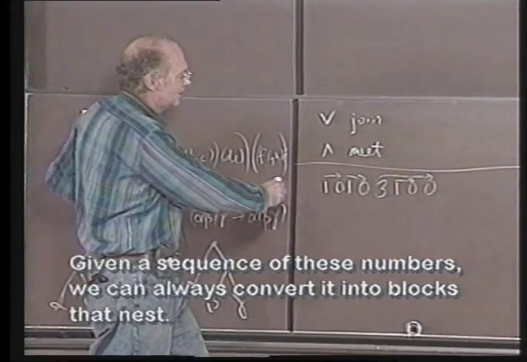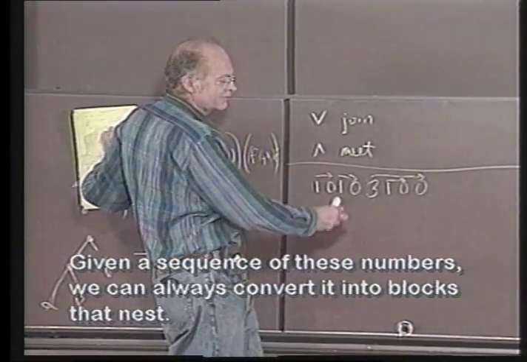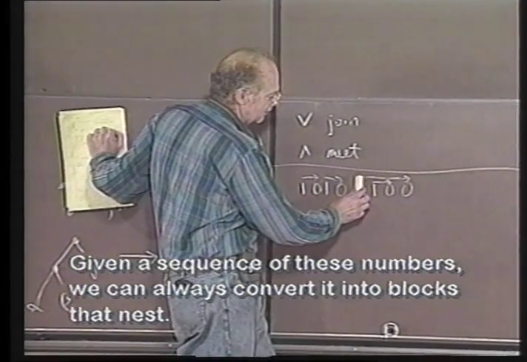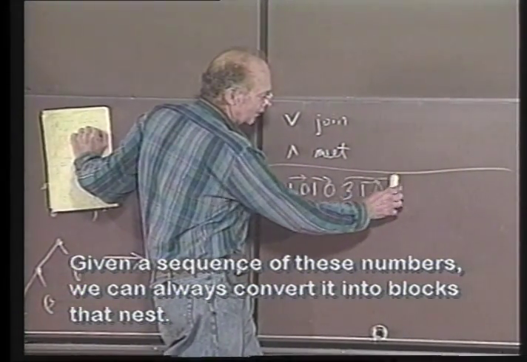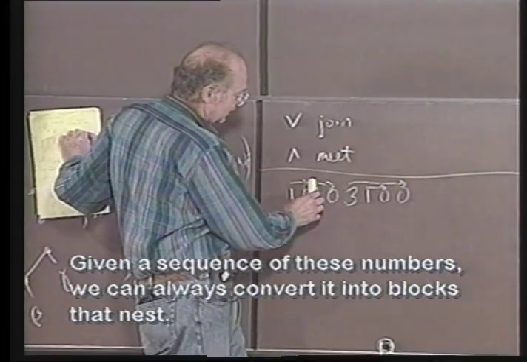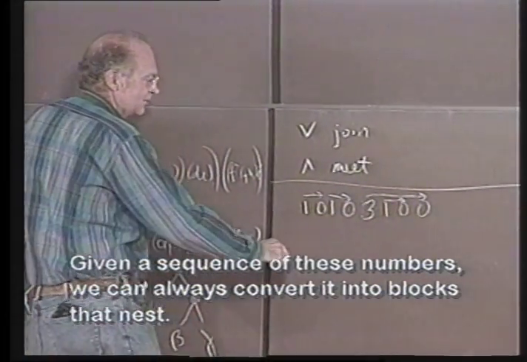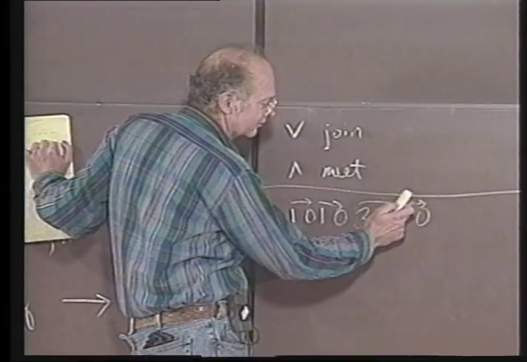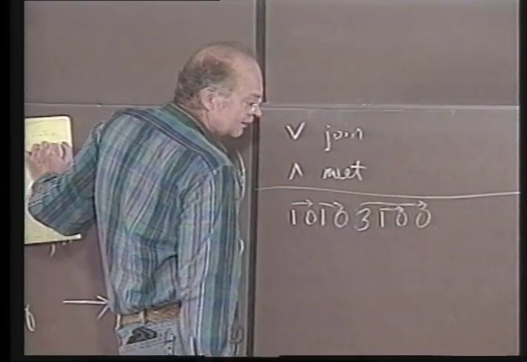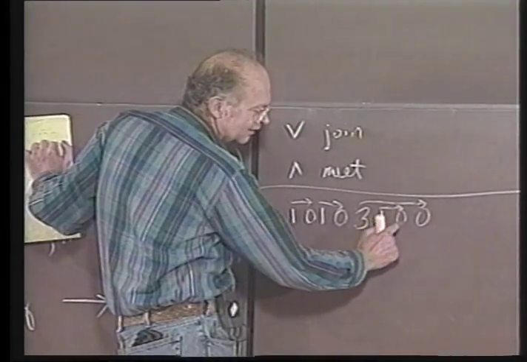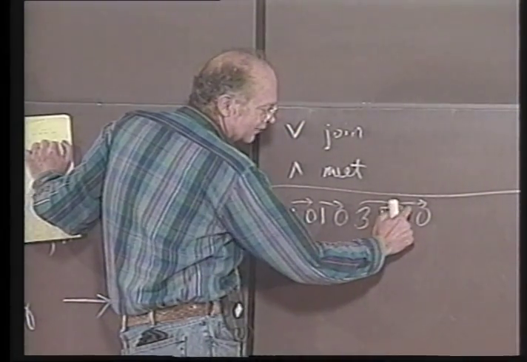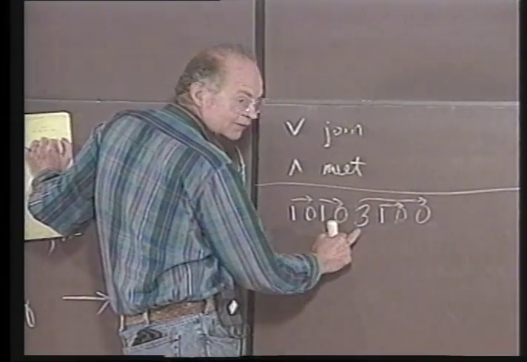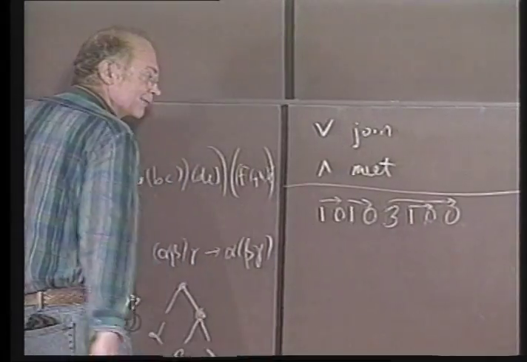In other words, given a sequence of these numbers, we can always convert it into blocks like this, where from every number we cover that many guys to the right, and these are going to nest. There's never going to be an arrow coming out from under here into another one. I couldn't have a 2 sitting here, because that would mean that somebody would have a subtree of 2 things, but this would all have to be part of the subtree of the 3.